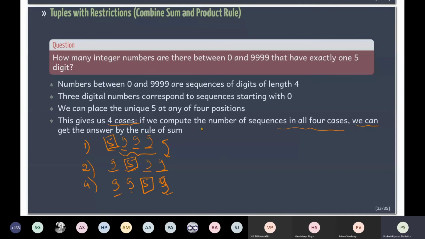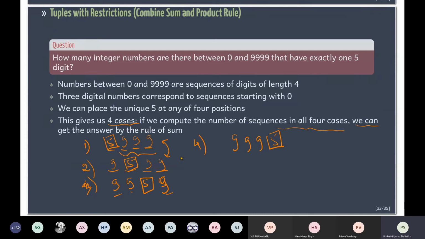And then the fourth case is 9, 9, 9, and the 5 is located here. So these are the possible cases, the numbers which have 5 at exactly one location, and in the other places we have those options. So we know the answer to this now.